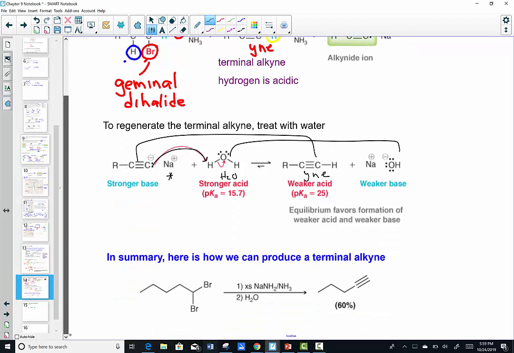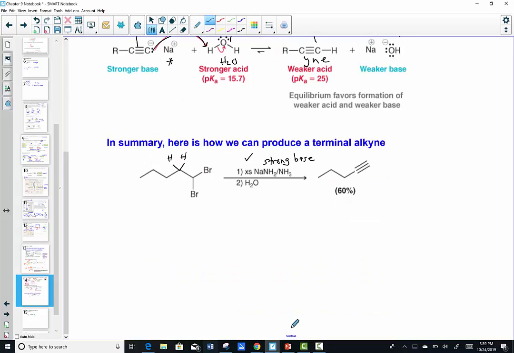So in summary, this is how we make a terminal alkyne. Notice on the arrow, I see excess amounts of a strong base. That means in the first step, let's think about what's happening here.